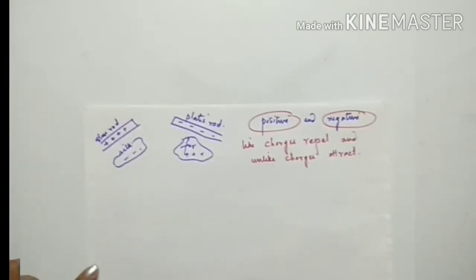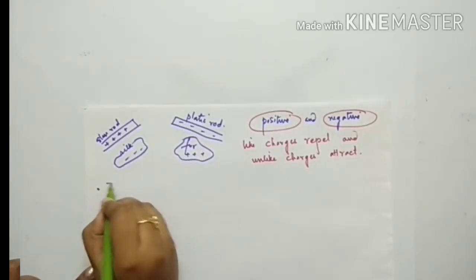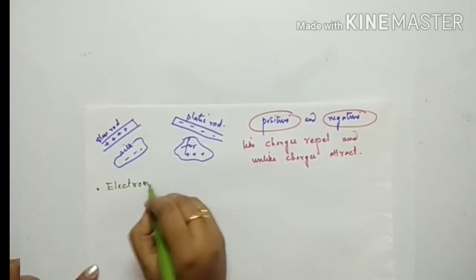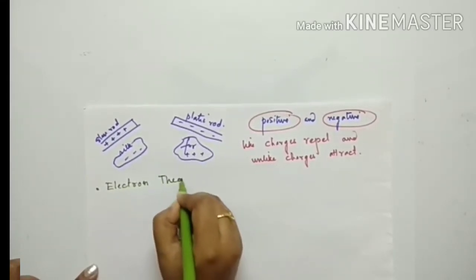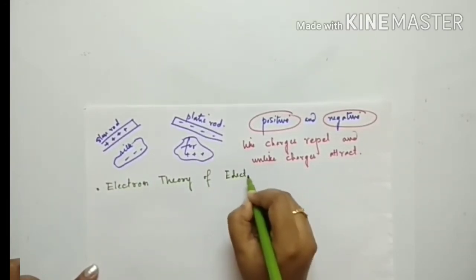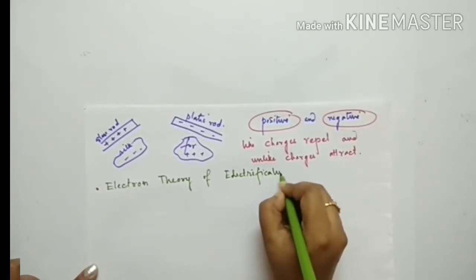Now there was another theory known as the electron theory of electrification.